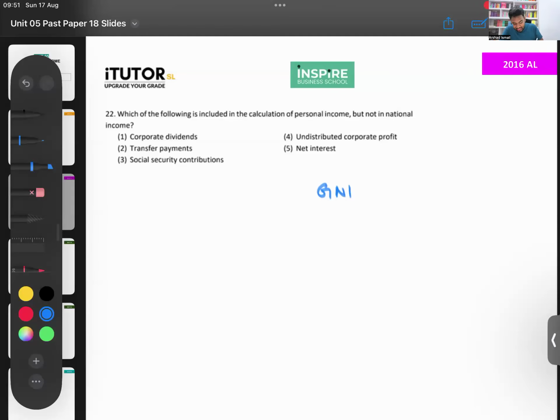So from GNI, there are certain things that you add. There are certain things that you deduct. And then you get what? Personal income. Personal income, or in other words, household income.